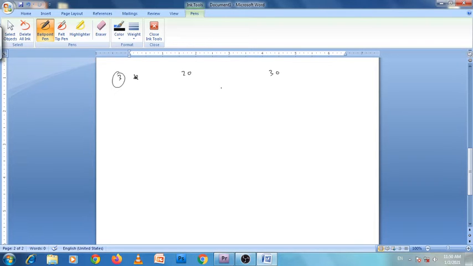So the multiples of 3 between 20 and 30 are 21, 24, 27, and these three numbers are the multiples of 3 between 20 and 30.